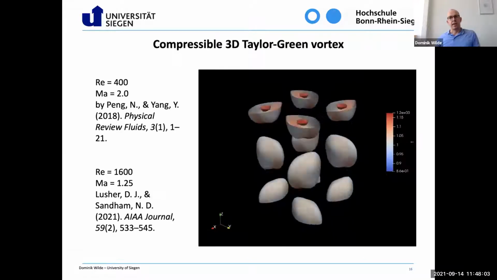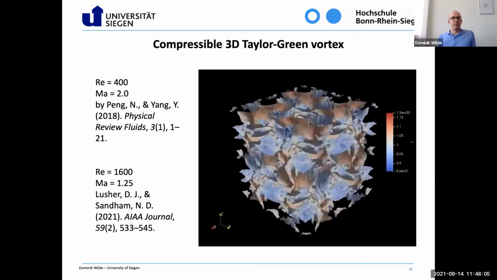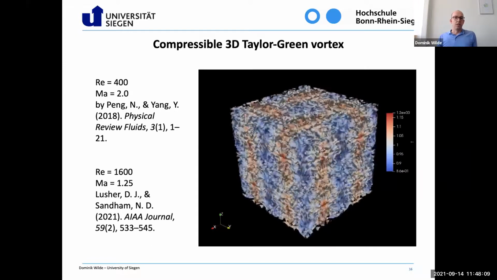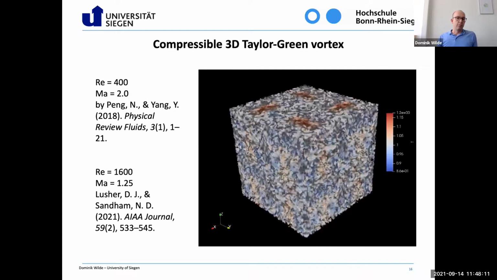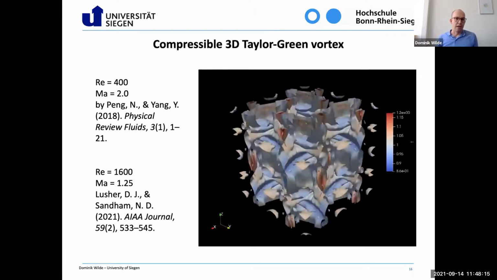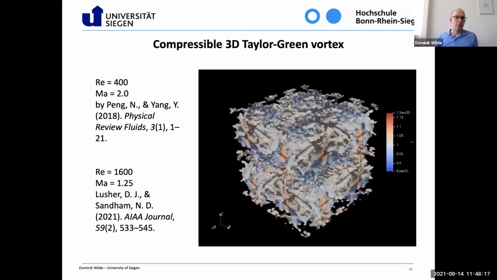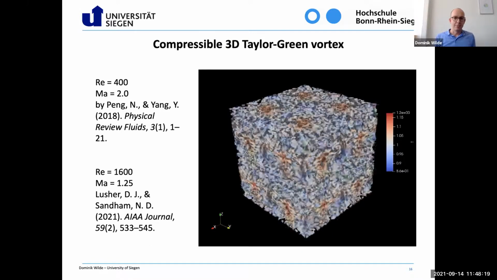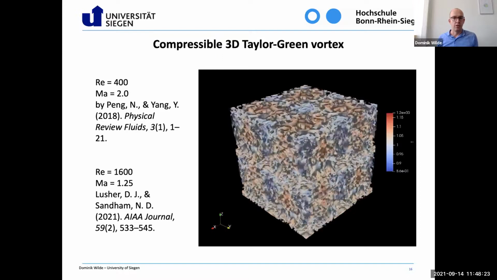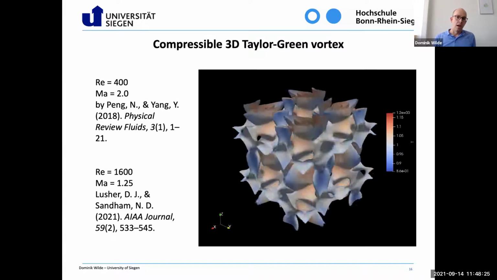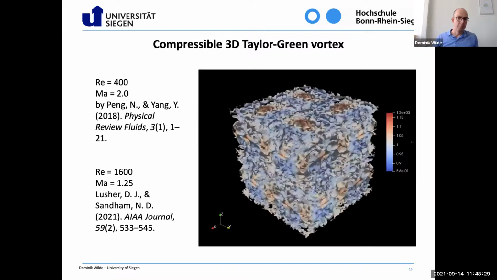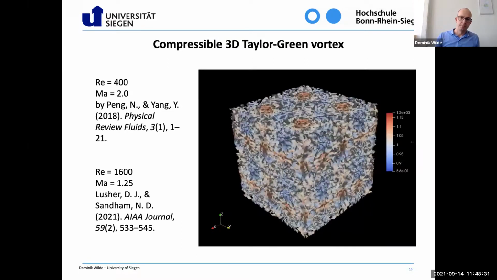The test case that I looked at was the compressible three-dimensional Taylor-Green vortex, which was recently proposed by a number of publications at Reynolds numbers 400 and 1600 for Mach numbers up to 2.0. This is the reference against which I compare the SLLBM for compressible flows.